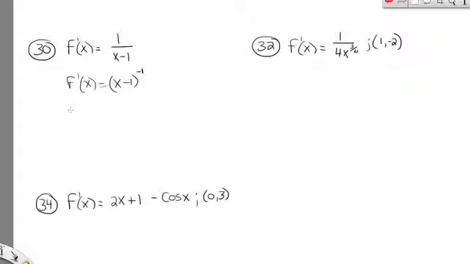But if I add 1 to the power, then f of x would be something like x to the 0 power, which is just 1, which wouldn't have a derivative of 1 over x minus 1. So what we found here is that thinking of this as a negative exponent doesn't seem to really work out.